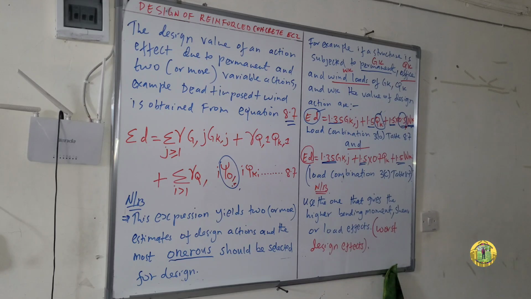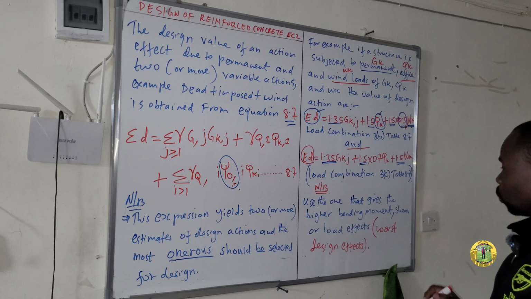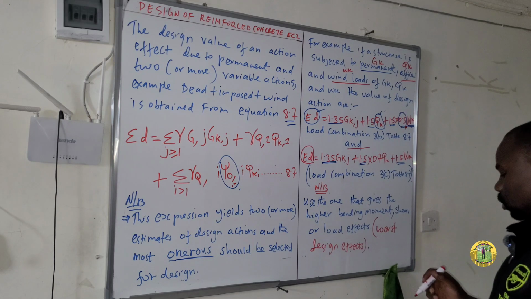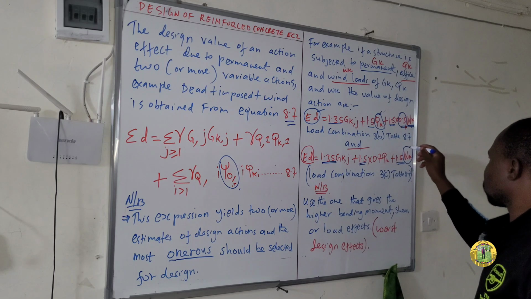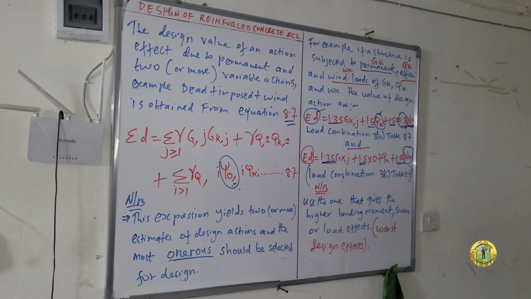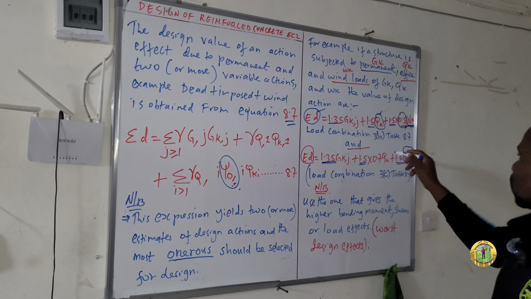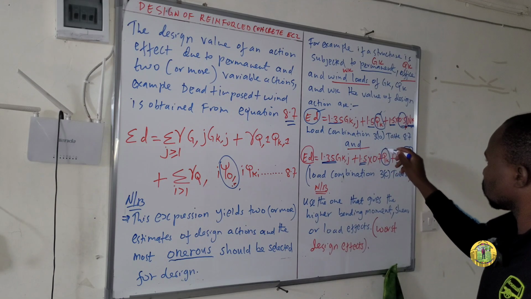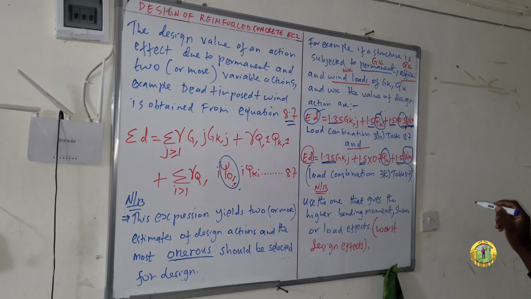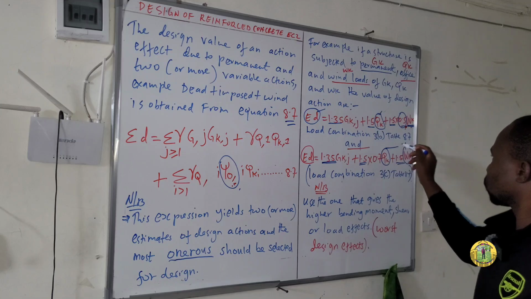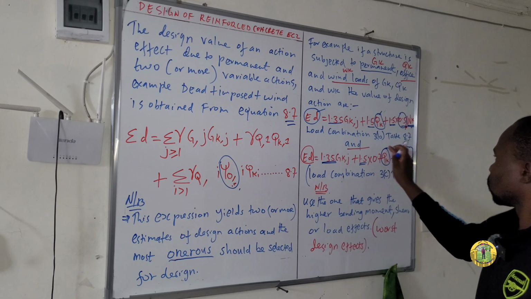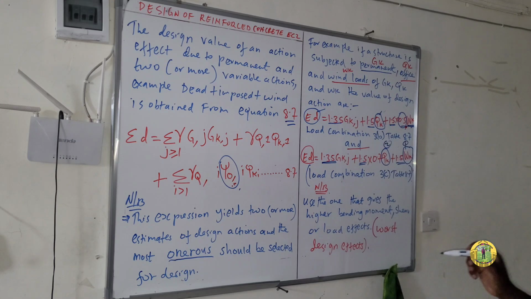So for the second expression, we assume now that this wind load is the leading action, the primary action, and then the QK will be the secondary action. So it means these two will not reach maximum at the same time.